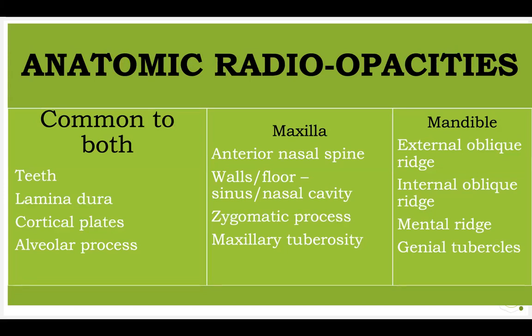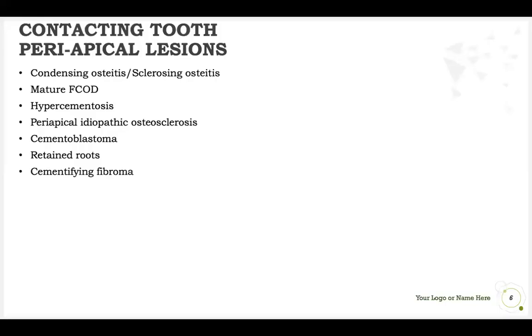Seen particularly in the maxilla are the anterior nasal spine, the walls and floor of the sinus and of the nasal cavity, zygomatic process, and maxillary tuberosity. In the mandible, the external oblique ridge, internal oblique ridge, mental ridge, and the genial tubercles appear radiopaque.